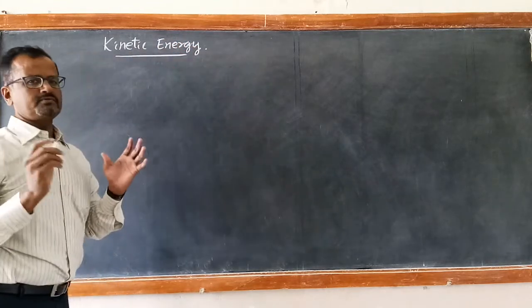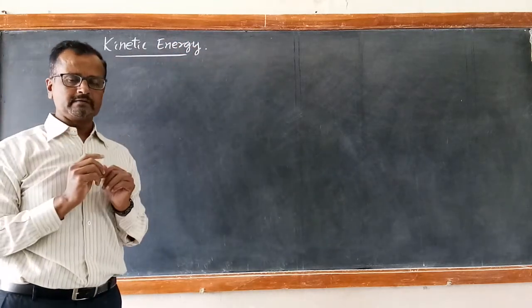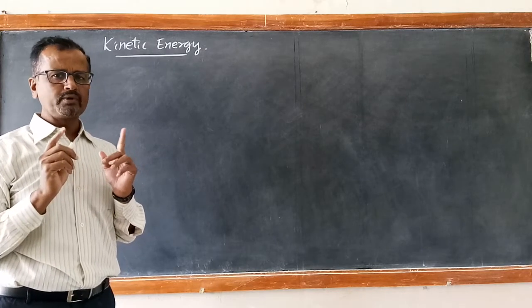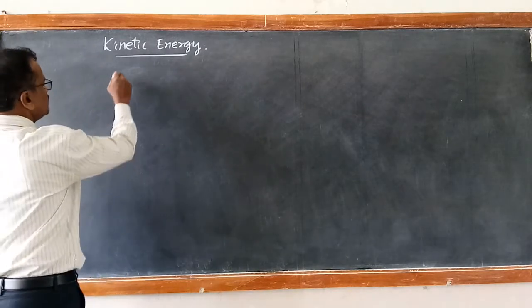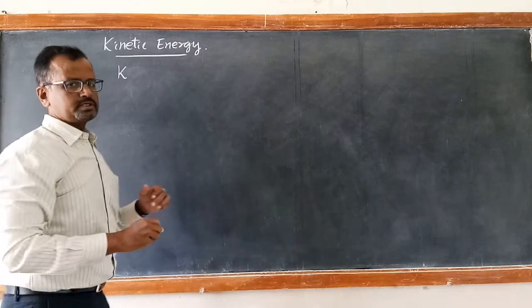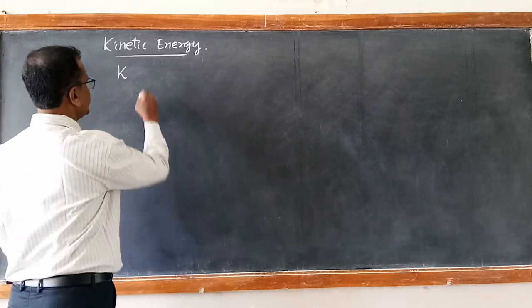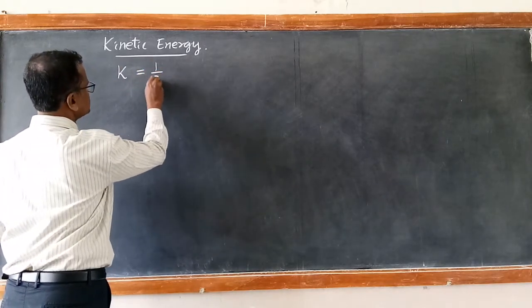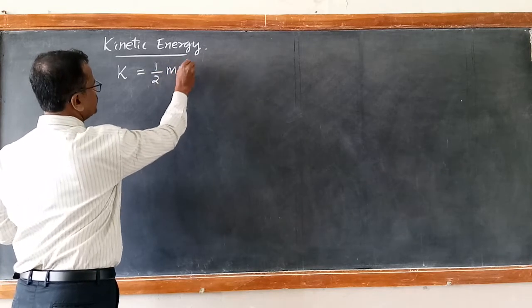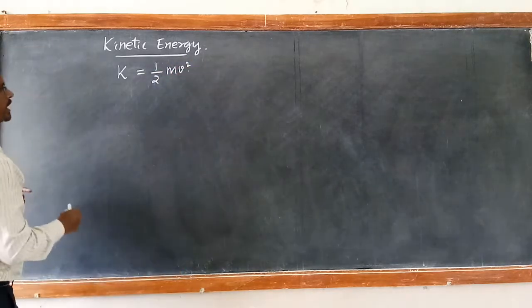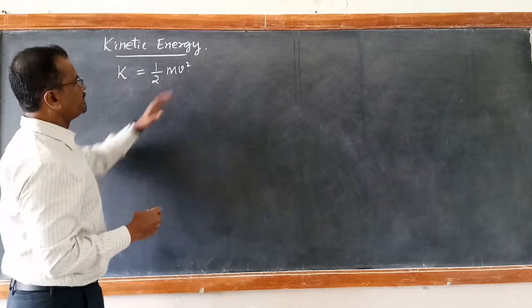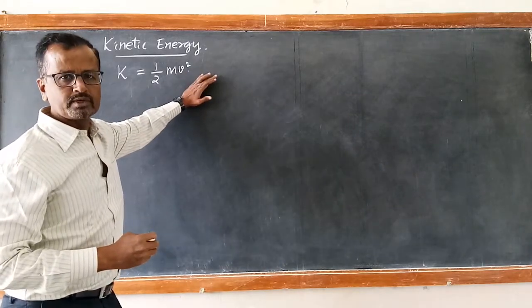If m is the mass of a body moving with some velocity v, the energy possessed due to its motion is called kinetic energy. Kinetic energy is given by half mv square. How do you define kinetic energy? The ability of doing work by virtue of its motion.